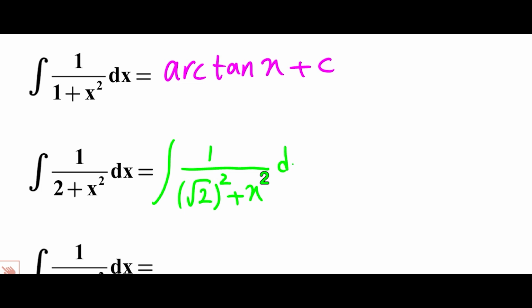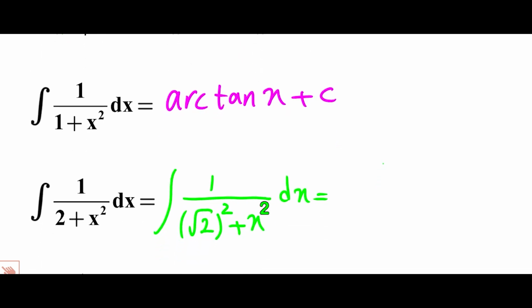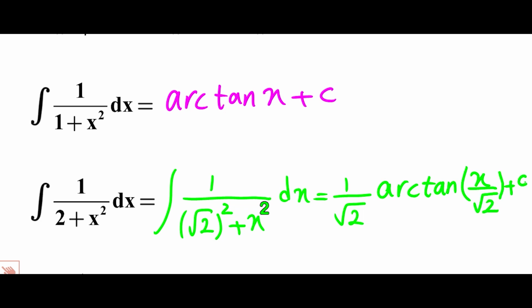So according to this formula, we have 1 over the square root of 2 arctangent of x over the square root of 2 plus c, right?